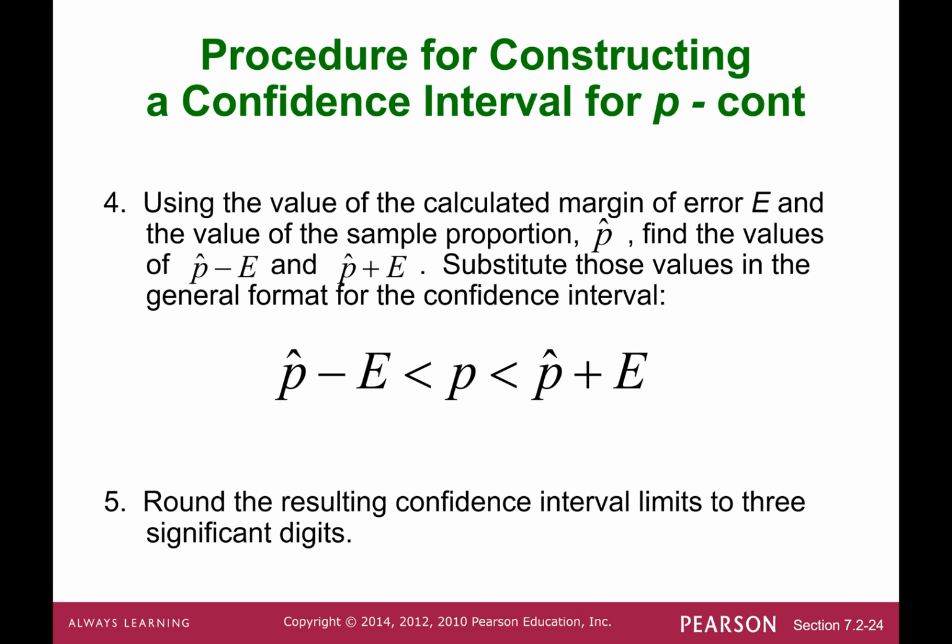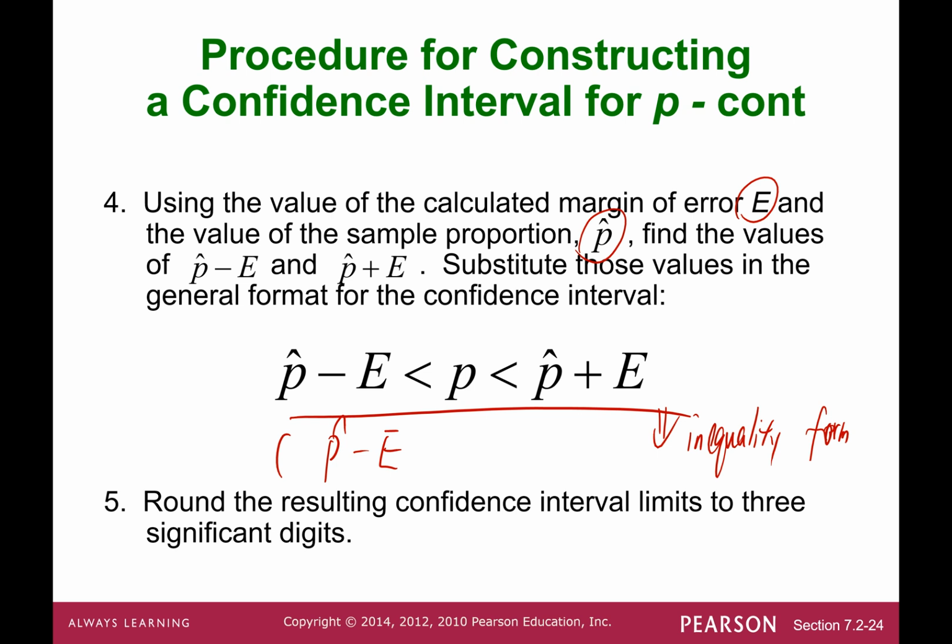Once we know the margin of error and the sample proportion, we construct the confidence interval and put it in interval notation, or a typical inequality form, like p hat minus margin of error, p hat plus margin of error. They are equivalent. Round the result to 3 significant digits.